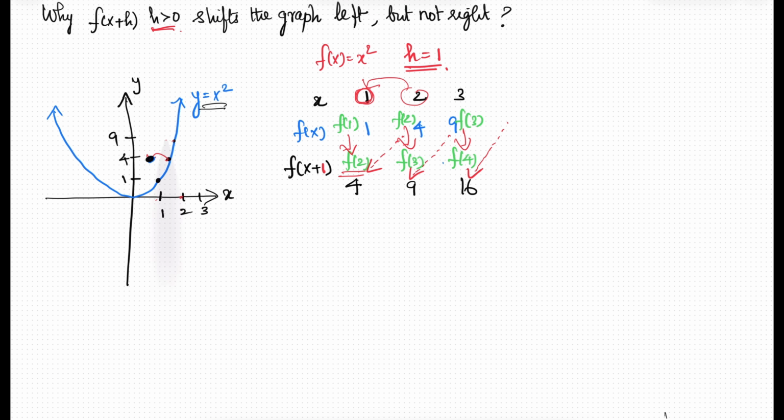So this is going to go over here. Similarly, when I pull all the points, I am going to get the graph. So when x is equal to 0, I will be pulling the f of 1's value over here. So f of 1 is 1, so I am going to get the graph over here like this. And when x is minus 1, I am going to pull the f of 0's value over here. So the graph is going to look something like this.